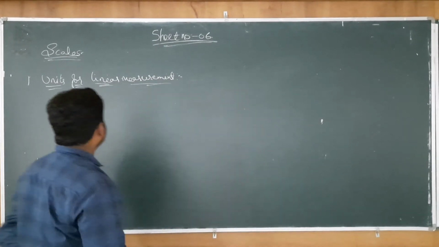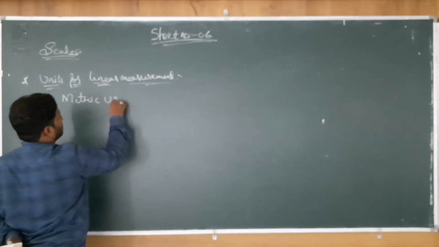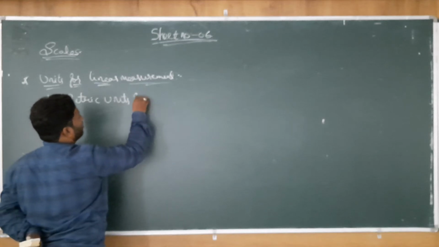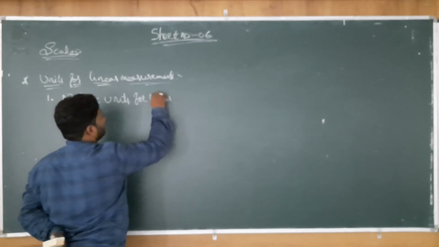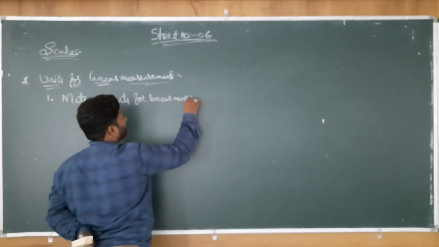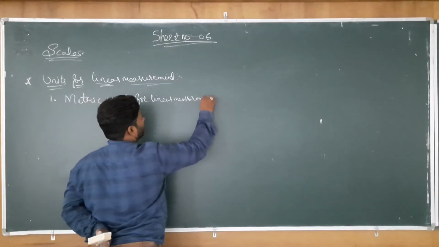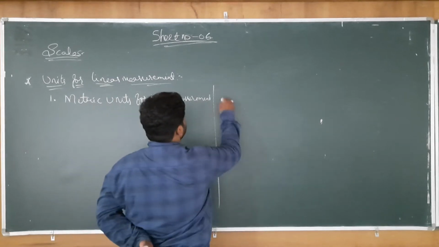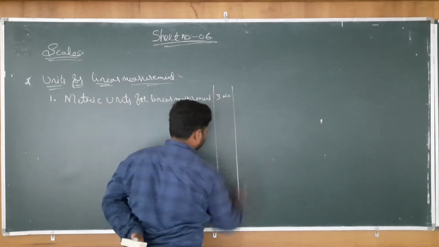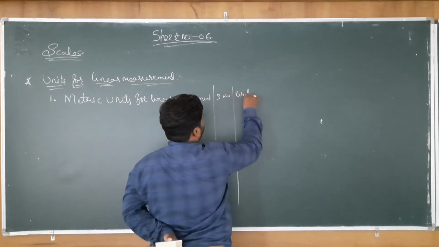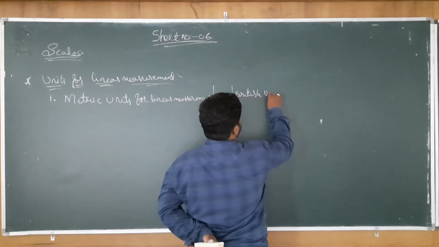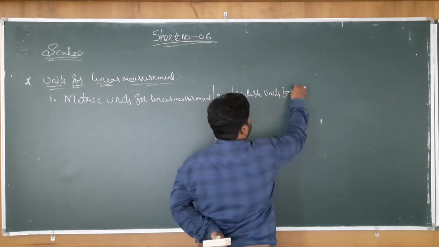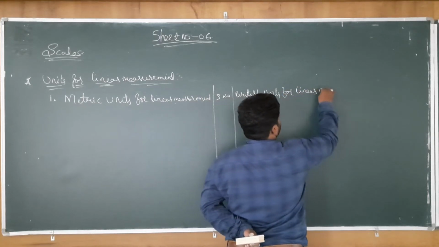One type of unit is known as the metric units for linear measurement, and the second one is known as the British units for linear measurement.